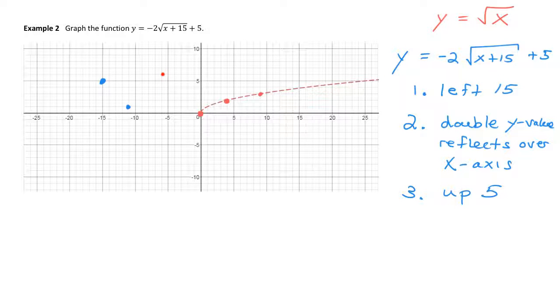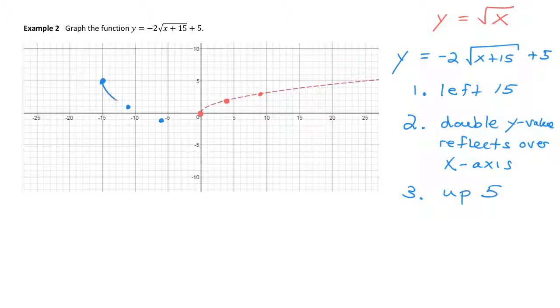But then it goes to negative 6. If I go up 5 places, that ends up at negative 1. So let me mark that spot there. That's negative 6, negative 1. I think I get the idea of what the graph looks like.